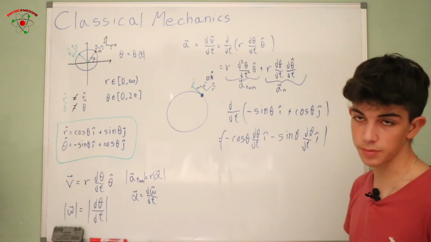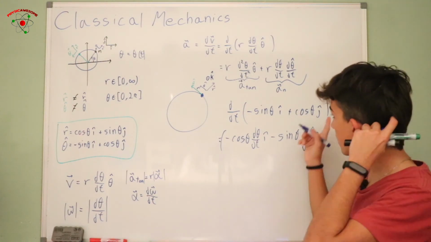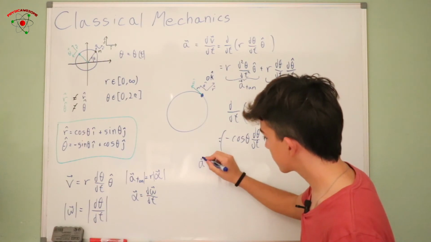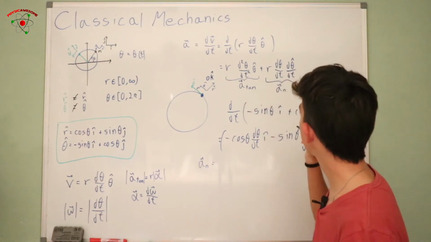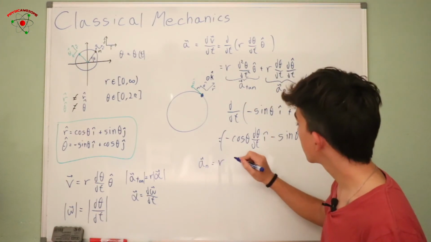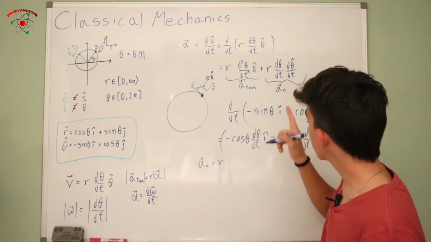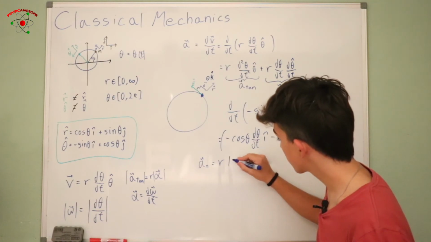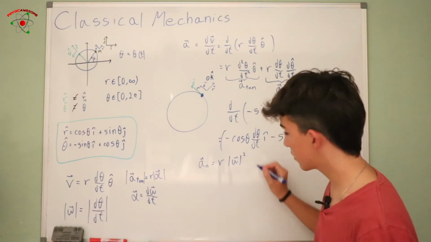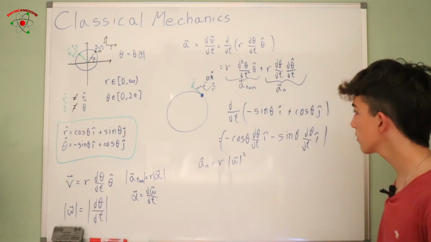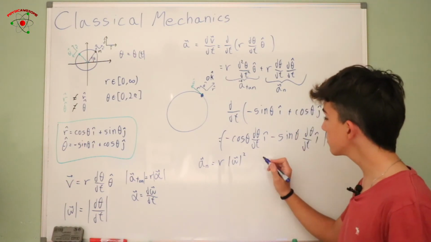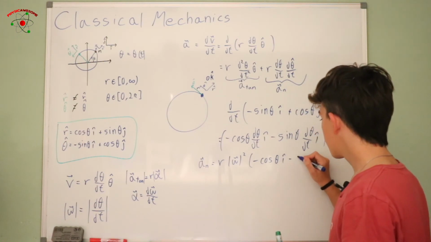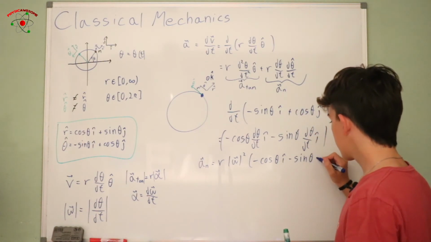So we will have this component we're going to call a normal, n for normal, or centripetal, as you will see now, and we will see that this centripetal acceleration or normal acceleration is going to be r d theta dt times d theta dt, which we call angular velocity, the modulus squared, times minus cosine theta i hat minus sine theta j hat.